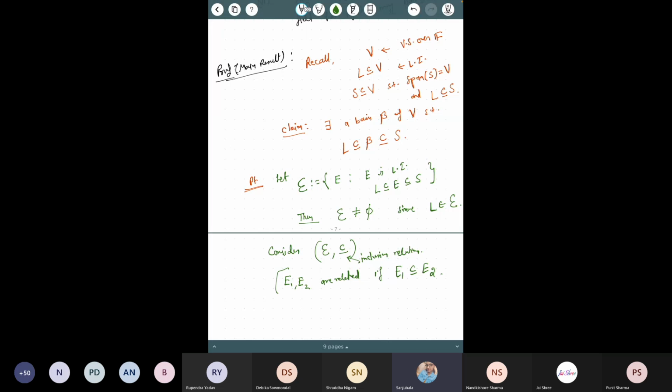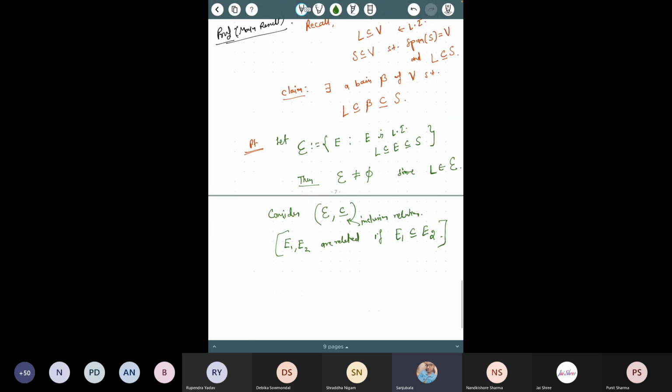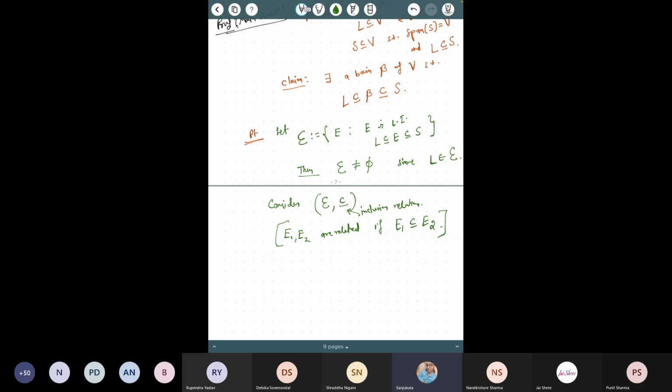Now you can clearly check that this is a partial order relation on this set E. So you can verify that this is a poset. So we have a poset.